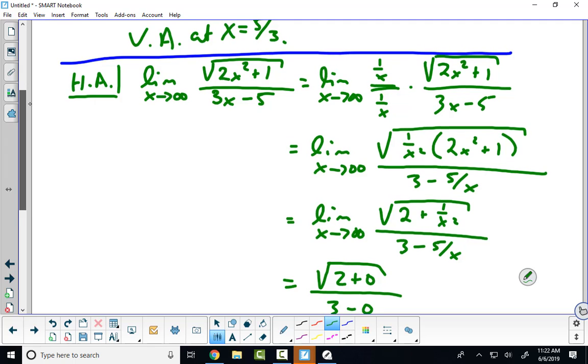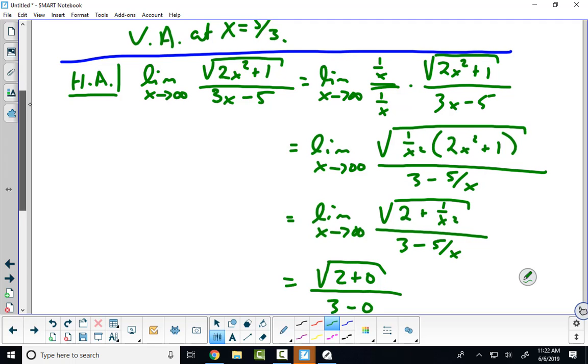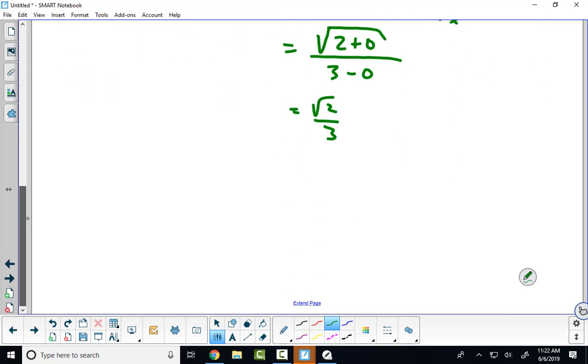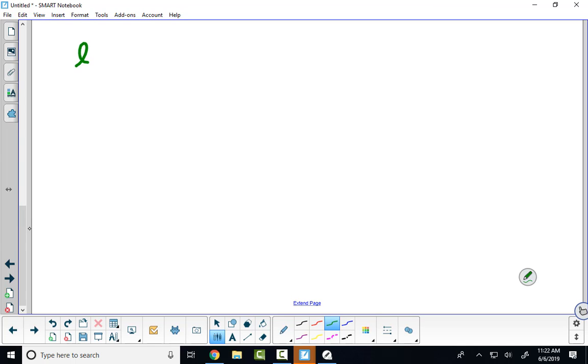So that was the horizontal asymptote to the right. We looked at the right long-term behavior. Now what do we need to look at? The left. So we're going to start over. We'll look at the limit as x approaches, excuse me, not infinity, but negative infinity, of the square root of 2x squared plus 1 all over 3x minus 5.